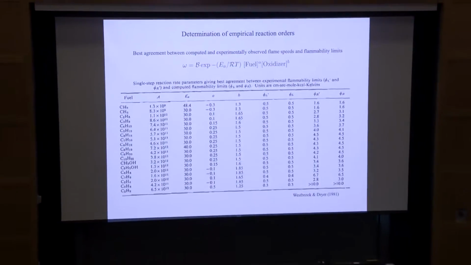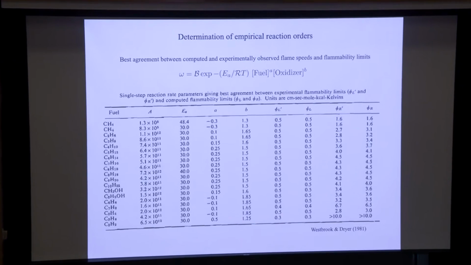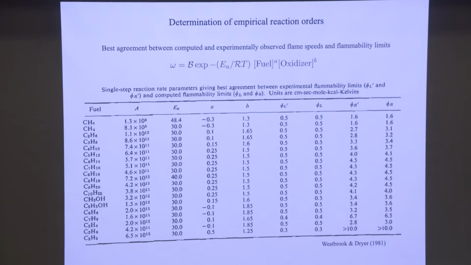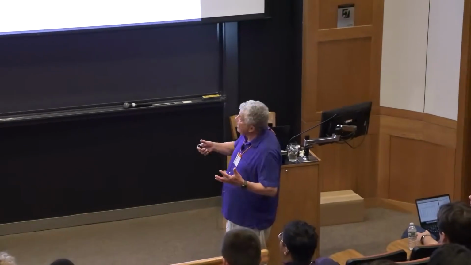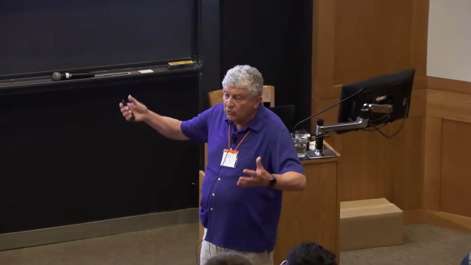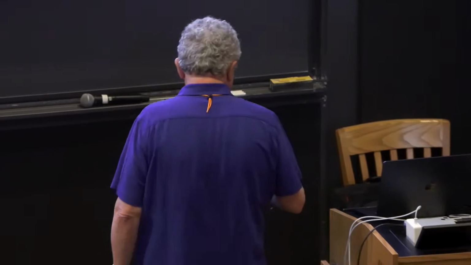They can be fractions, they can even be negative in some situations, okay? And the way they tried to obtain those was just to match some fundamental quantities like laminar flame speed or flammability limit and so on to such a formula. In other words, it's a model of the real system.